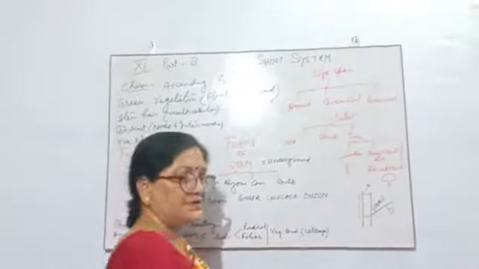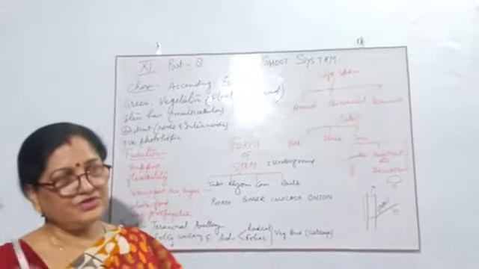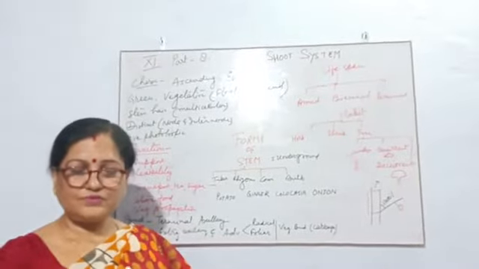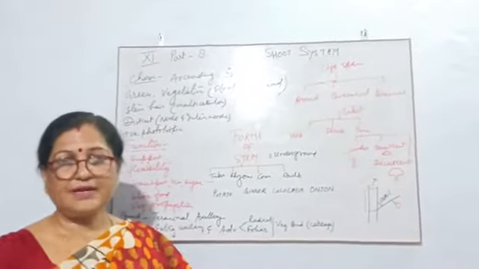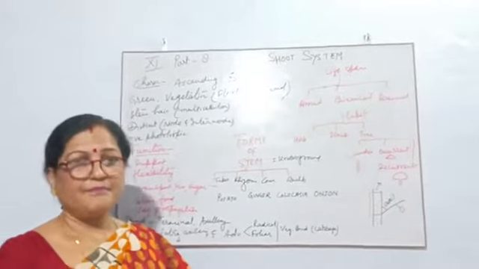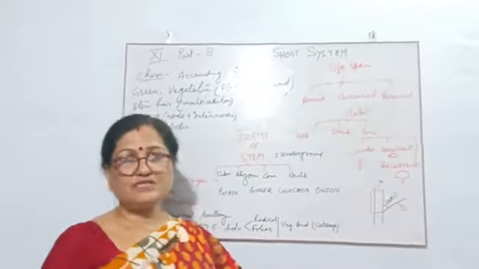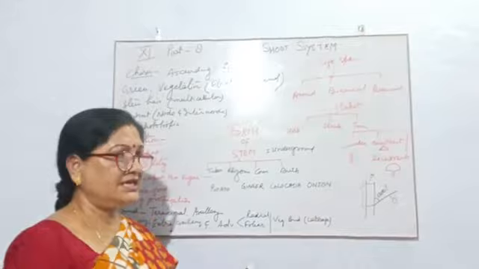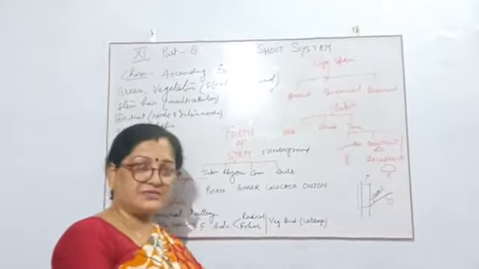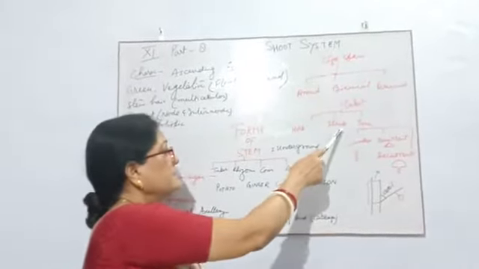Second one, shrub. Shrub means the stem becomes woody, but they do not attain too much height, as in the case of rose plant and mehendi.